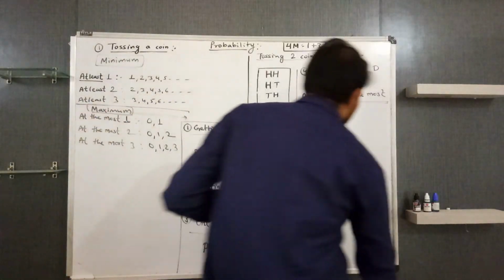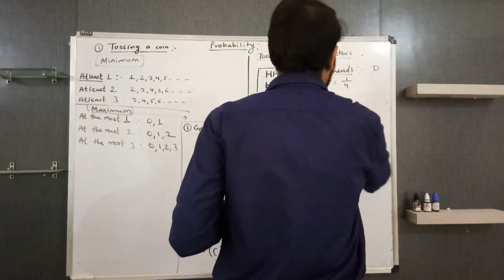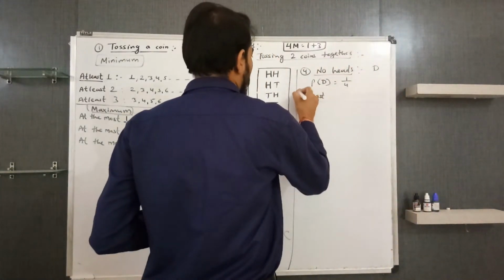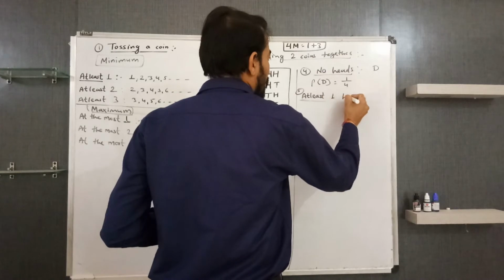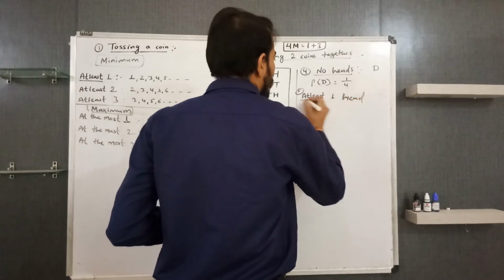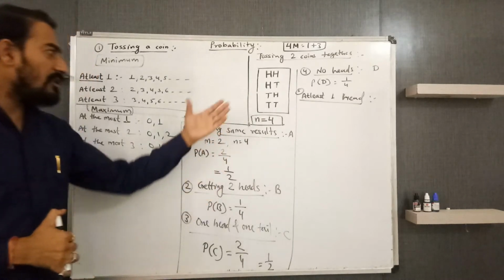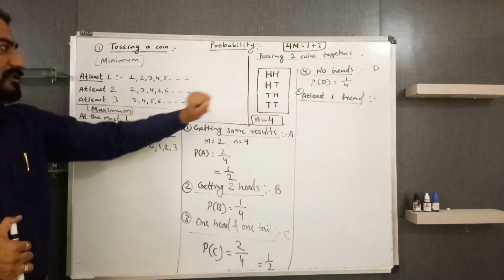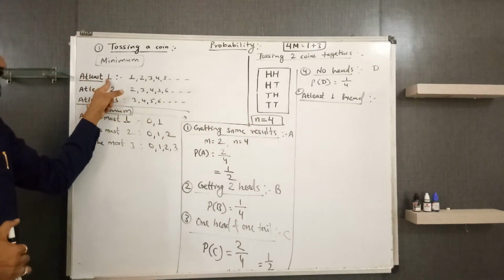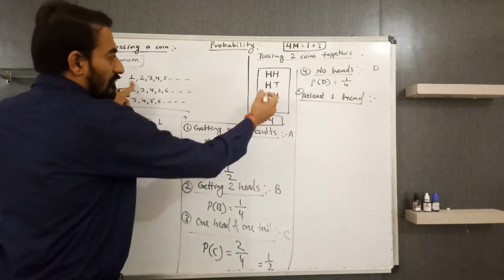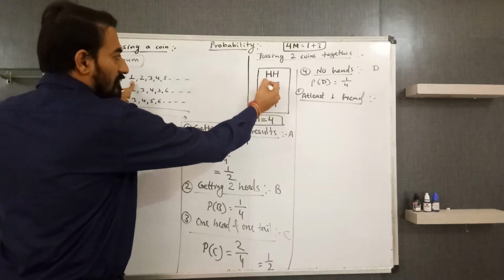I am taking here the fifth question for at least one head. Question may be asked for tail also. At least one head. So how many heads can be taken in this case? At least one. Means if we have one head, look at this. One head, this.